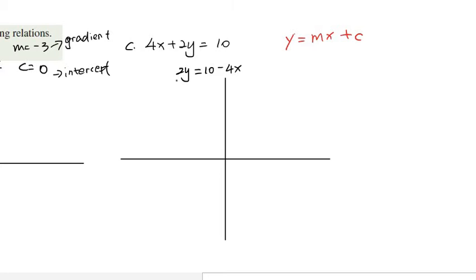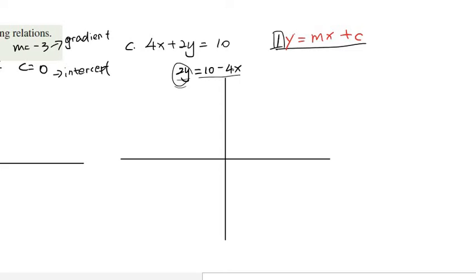Now, can I use this equation to compare with my general equation? The answer is I still can't, because the y coefficient is not equal to 1. If I look at the general equation, there's nothing in front of my y, so the coefficient of the y term is 1, because 1 times y equals y itself.